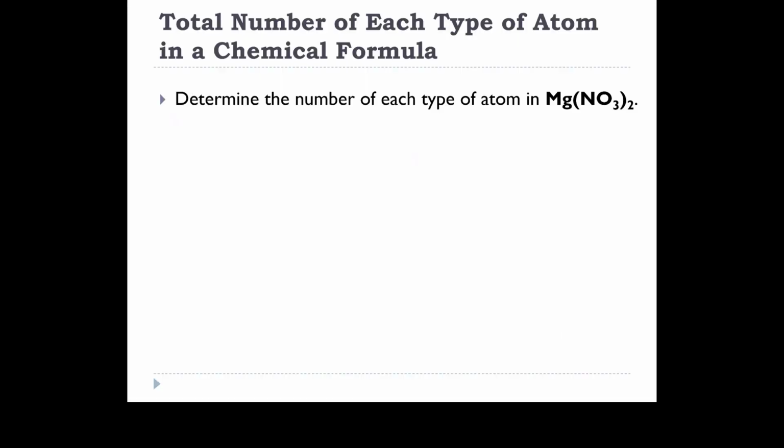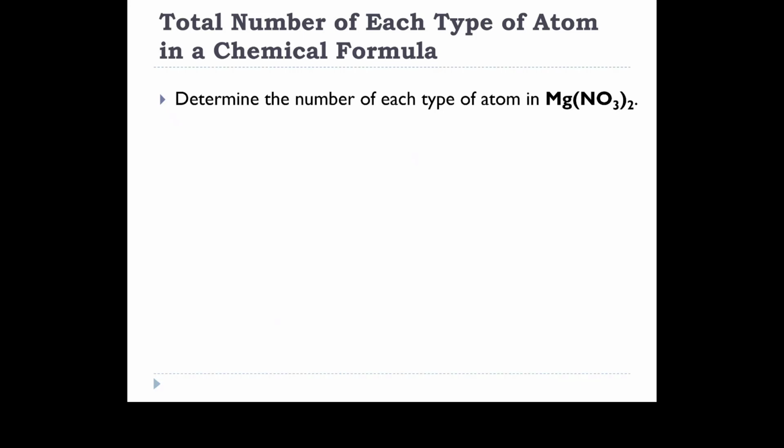Let's look at this one. If we have 1 molecule or formula unit of magnesium nitrate, tell me how many magnesium atoms are here. 1. How many nitrates do I have? 1, 2, right?